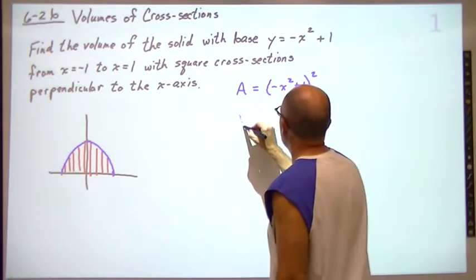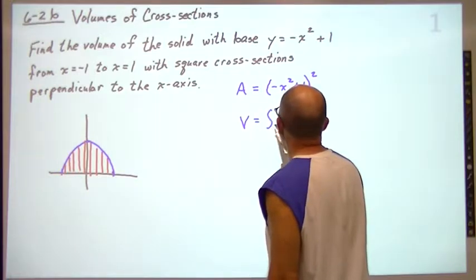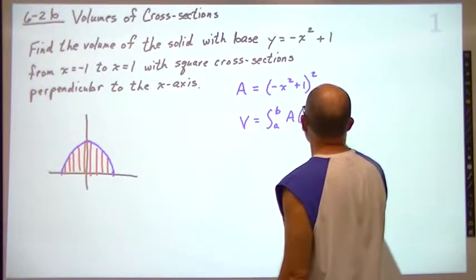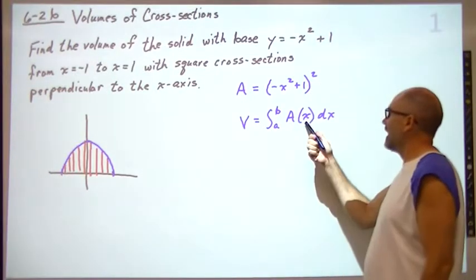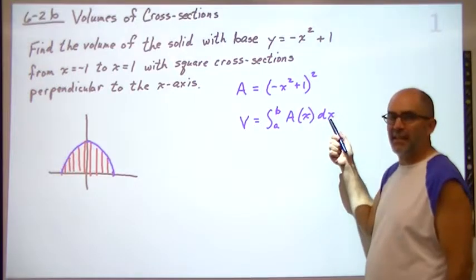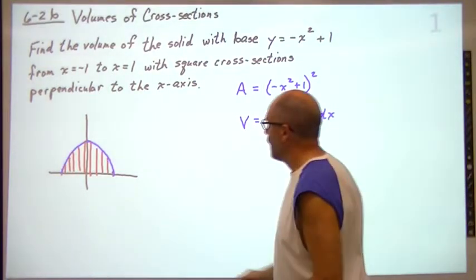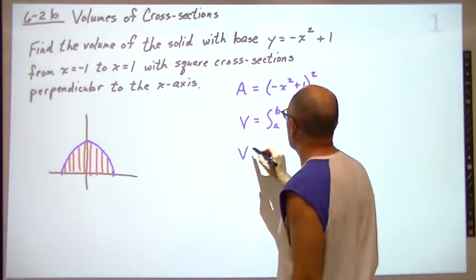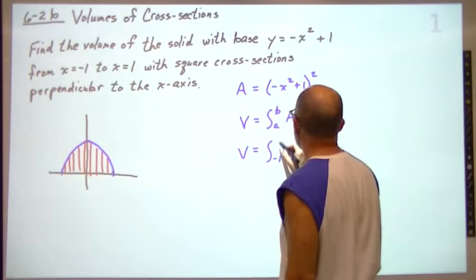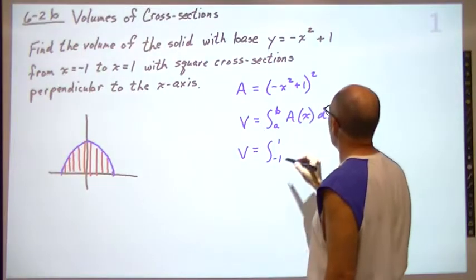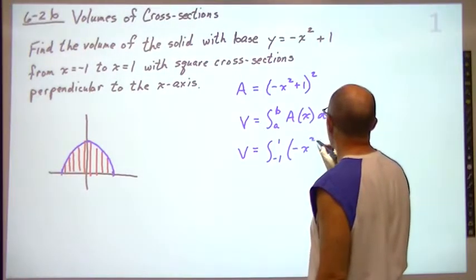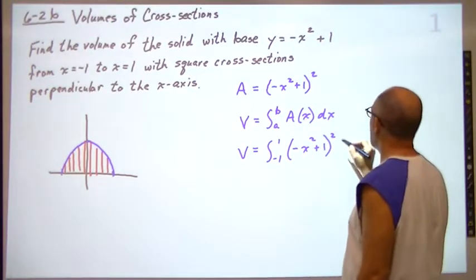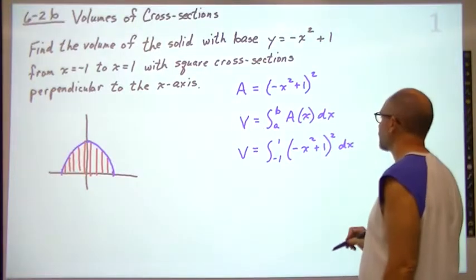And the volume is simply the integral from a to b of the area as a function of x dx. Why? Because it's the area times the thickness of each square here. How thick is each square? Dx thick. So in our case then, the volume is going to equal the integral from negative 1 to 1 of this area, which is negative x squared plus 1 quantity squared. That's the area of each square times the thickness of each square.